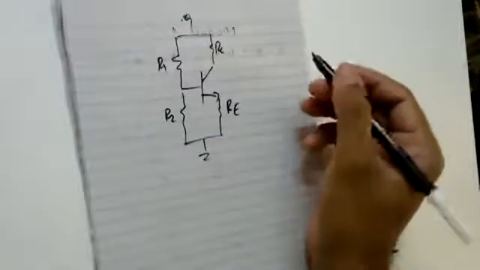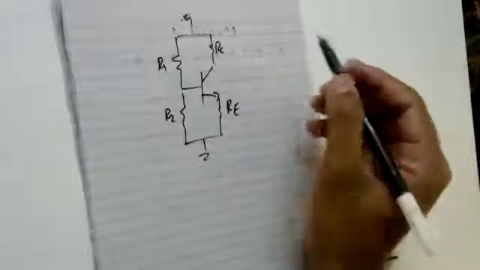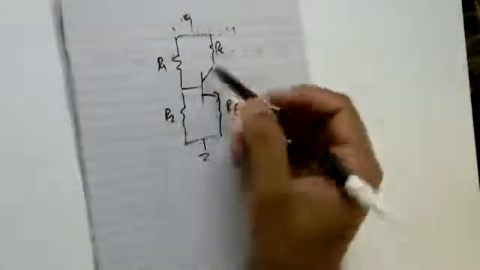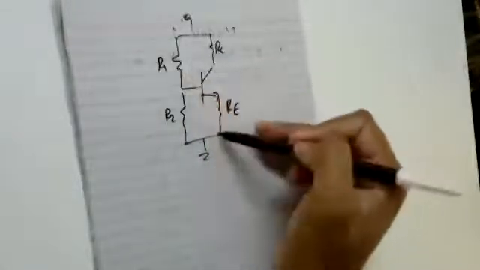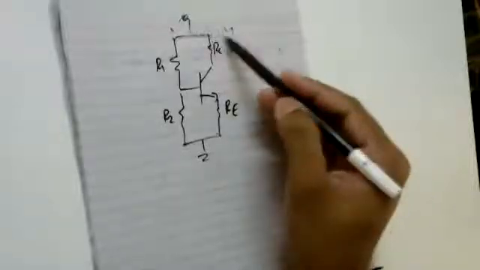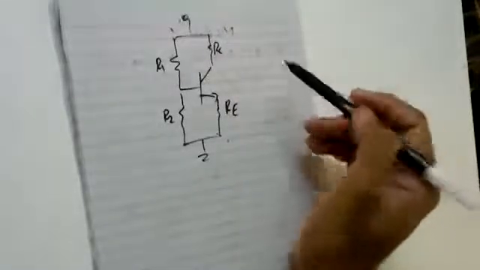In order to bias this circuit, the base-emitter junction is forward biased and the collector-to-base junction is reverse biased.